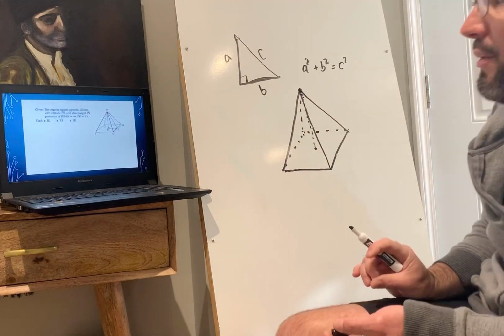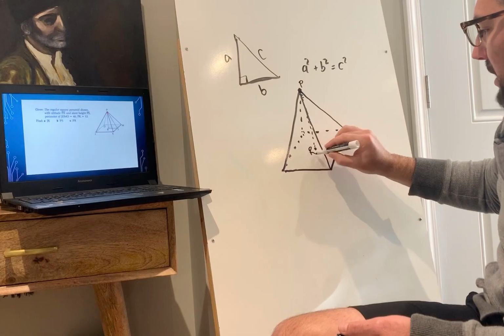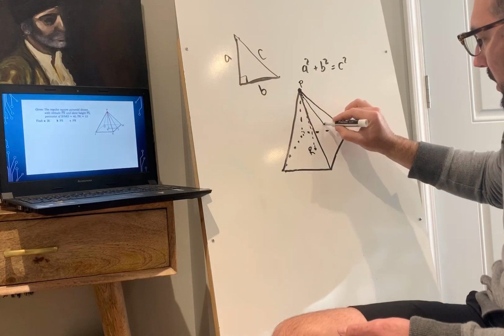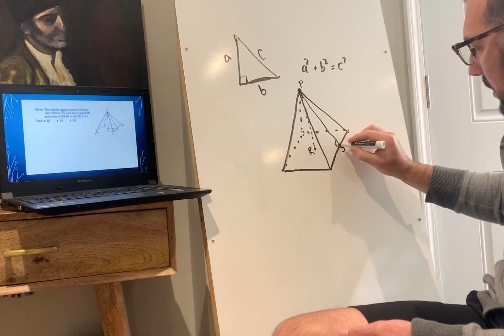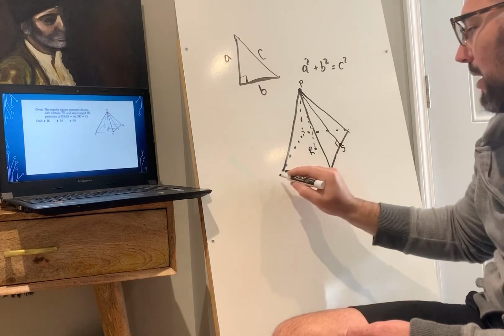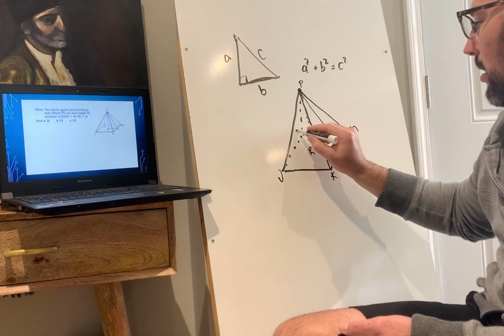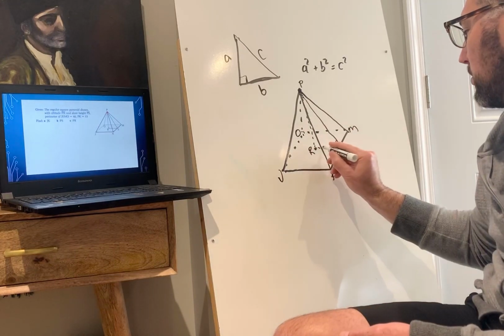Okay. Anyways, it has an altitude PR. Okay, great. PR, that's its name. Slant height PS. Okay, so this is the slant height. It's perpendicular. PS. All right. And the name of the bottom, JKMO, in the back. All right, we've got all the pieces. Cool.